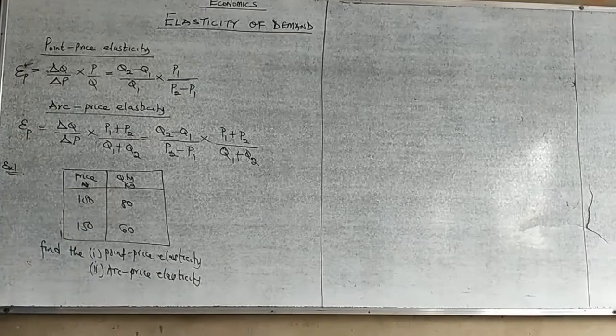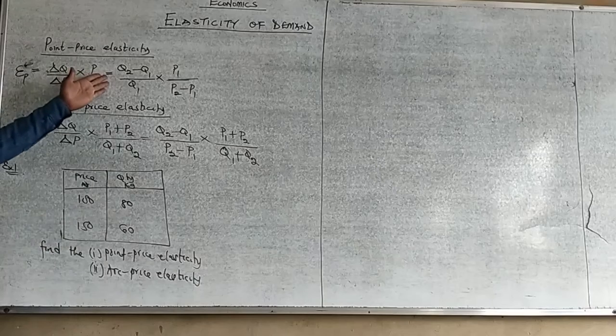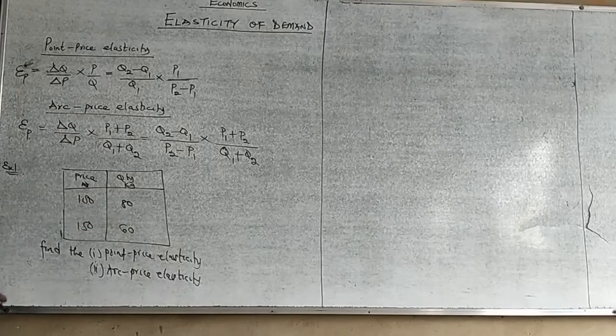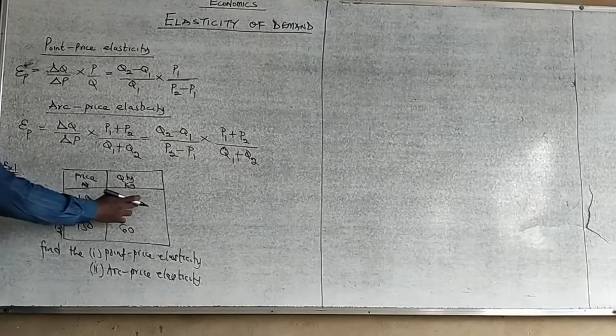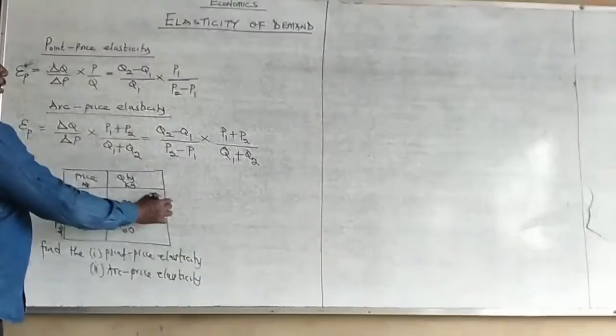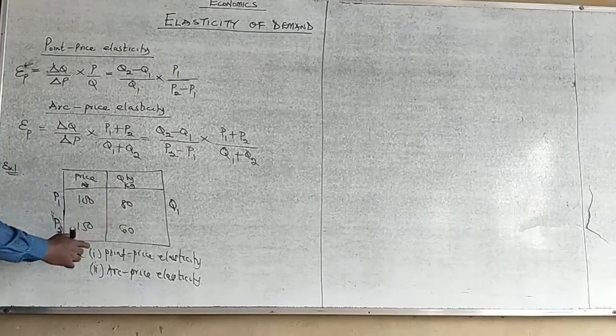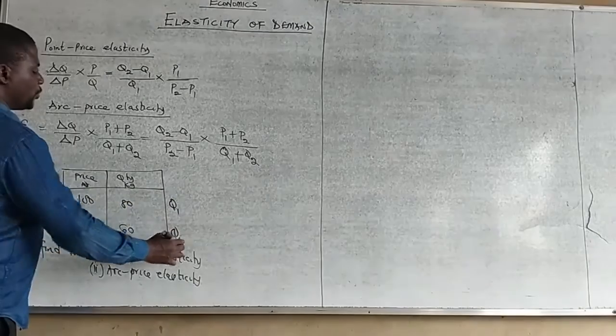What that is saying is that use the first formula, use the second formula. Now if this is your price, the first price is your P1, the second price is your P2. The first quantity value is your Q1, the second value is your Q2.